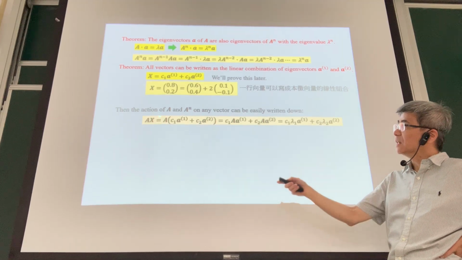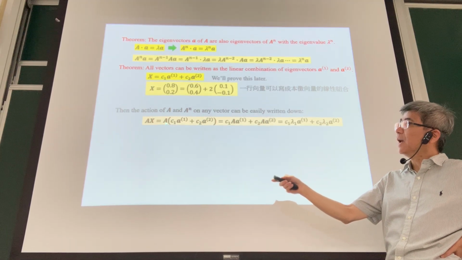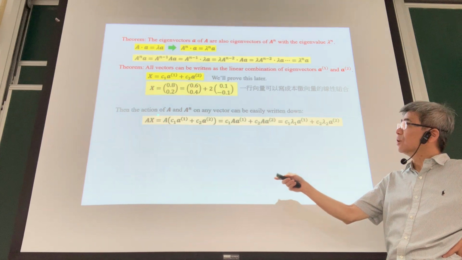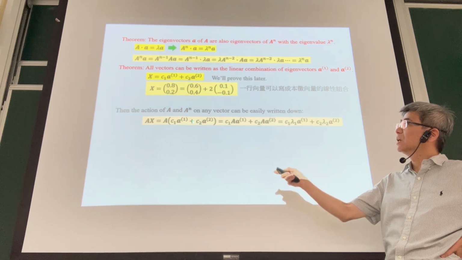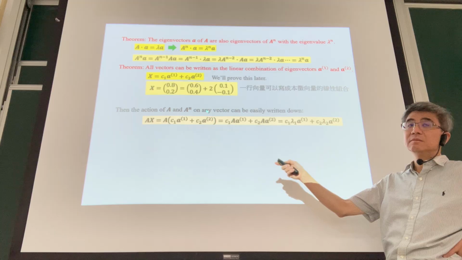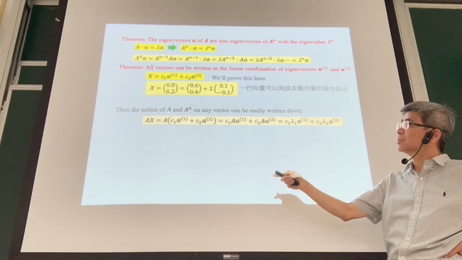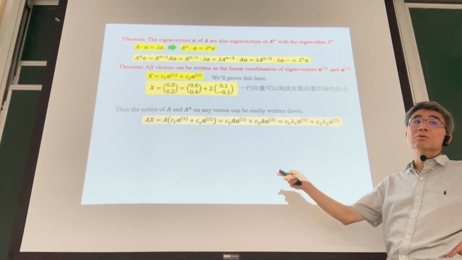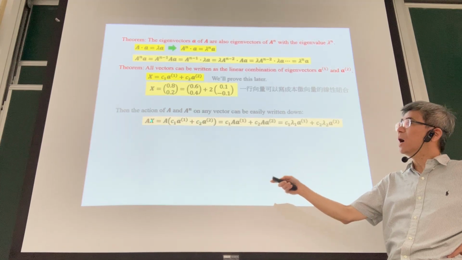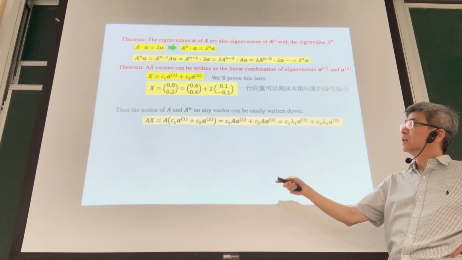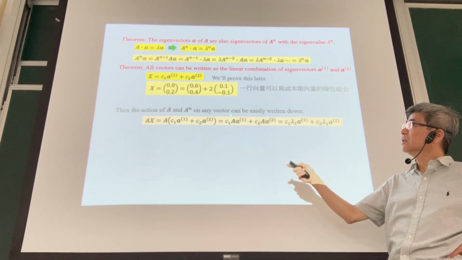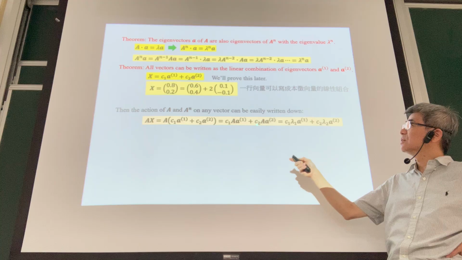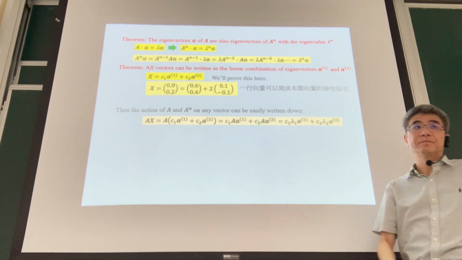And because A is linear, it could act on the first plus act on the second. Again, because c1 and c2 are numbers, they can be pulled out to the front. Therefore, it is equal to c1 A a1 plus c2 A a2.